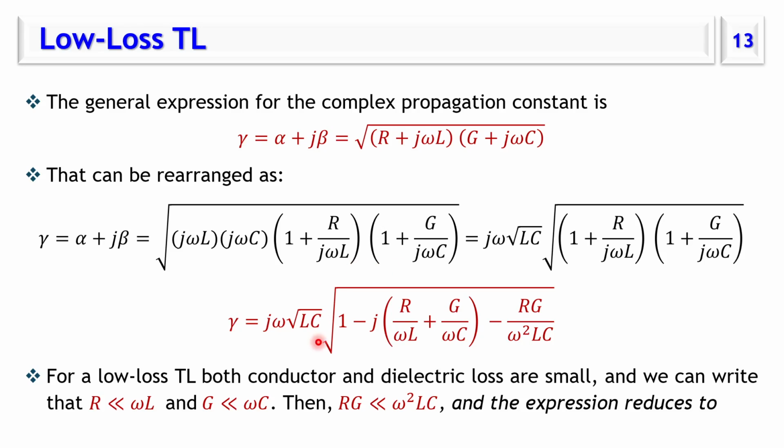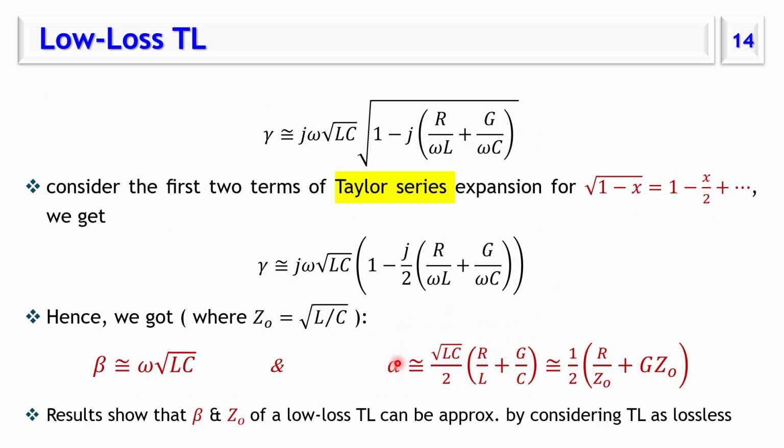For the other part, we can use a Taylor series expansion to approximate it. This is the first order approximation for the propagation constant. We neglect higher order terms, so the expression we have takes this format for the propagation constant gamma.